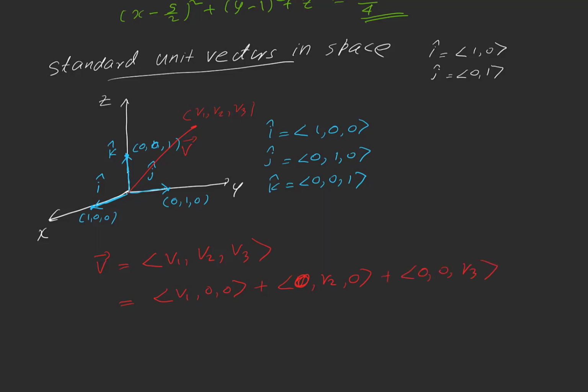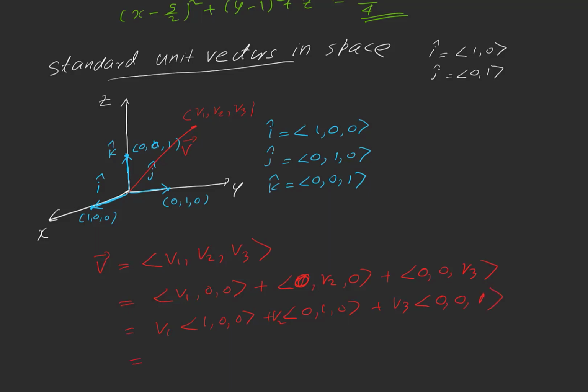So v1, v2, v3 are numbers, so you can take them out: v1 times (1, 0, 0) plus v2 times (0, 1, 0) plus v3 times (0, 0, 1).